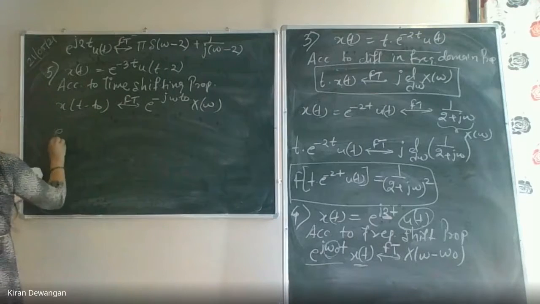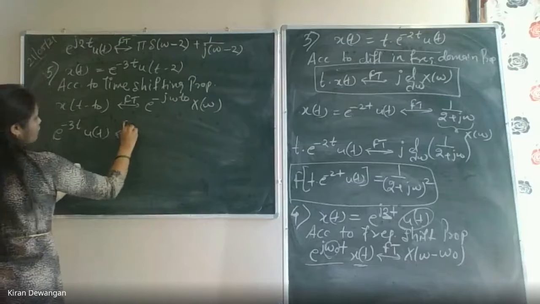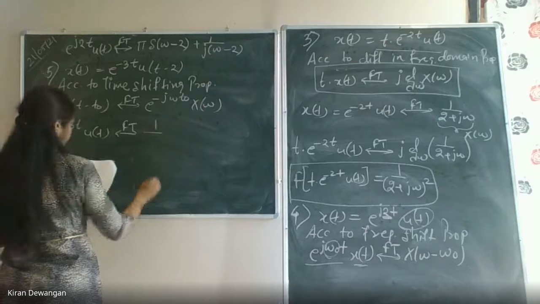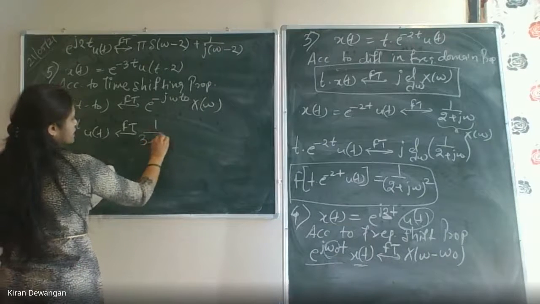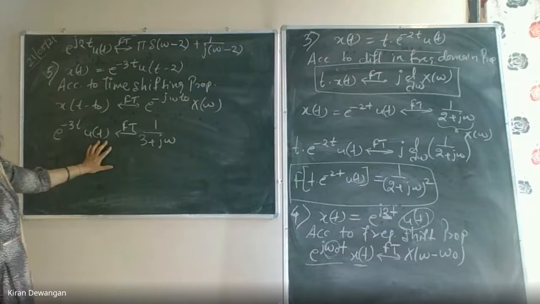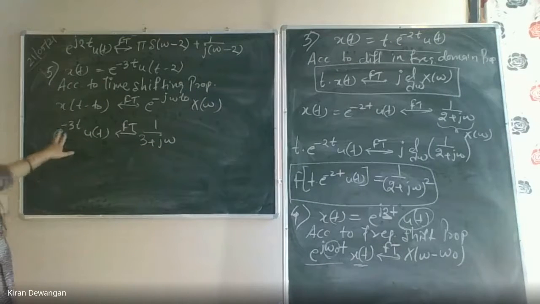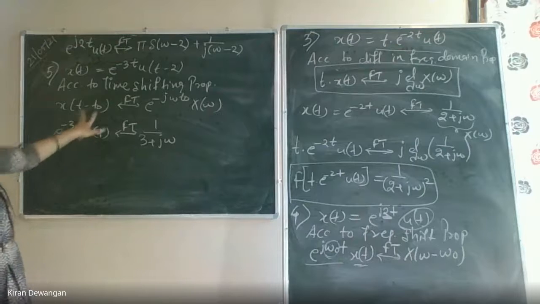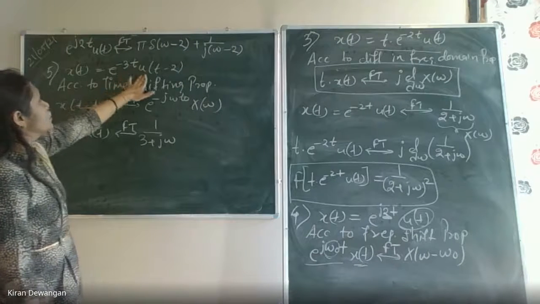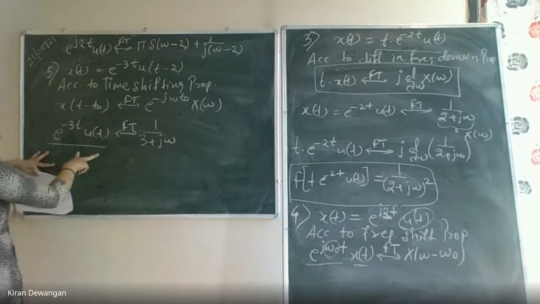We need to know that e to the power minus 3t u of t will have Fourier transform 1 by 3 plus j omega. This is e to the power minus kt into ut, so with a, it is 1 by a plus j omega, and a is 3 here. Here we are taking u of t minus 2, so e to the power minus 3t into u of t minus 2.